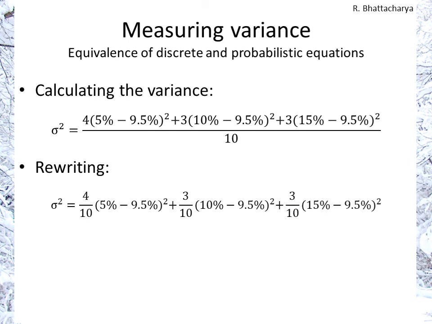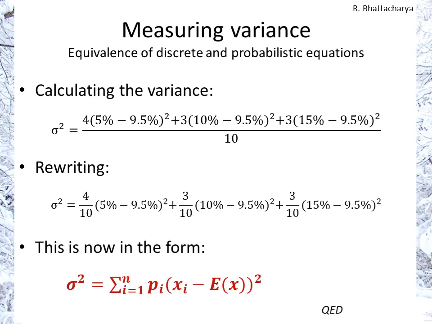So once again, the answer here would be exactly the same as in this form where we have the variance is equal, 1 to n, being 3 in this case, of the probability of a given value times the value itself. This would be, for example, the 5, 10, or 15% minus the expected value, which is the 9.5%, squared. So there you have it. You can see how the two versions are similar.